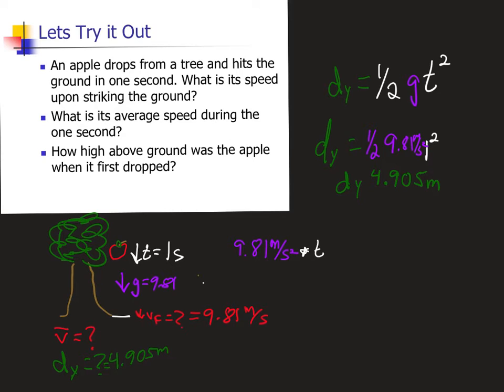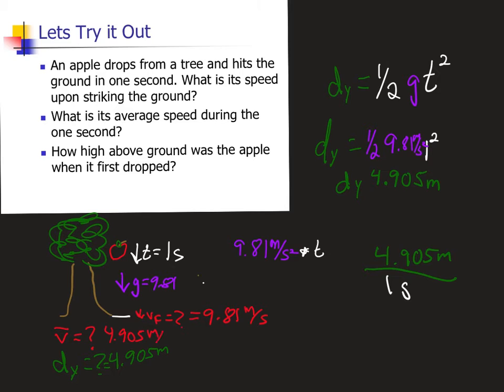So how would I find the average velocity or the average speed? Average, remember, is total distance divided by the total time, which then is just the 4.905.